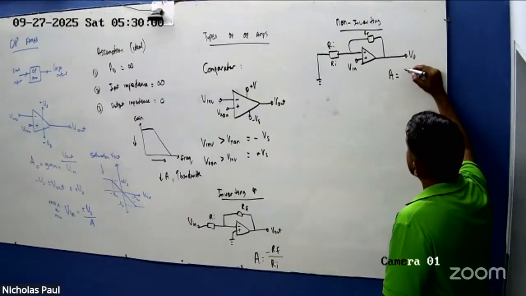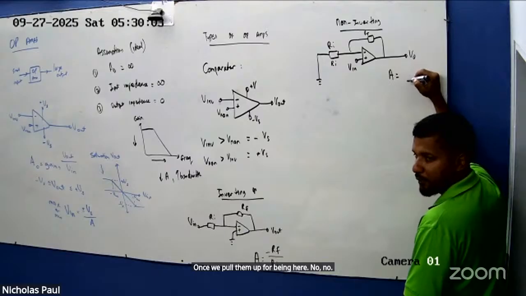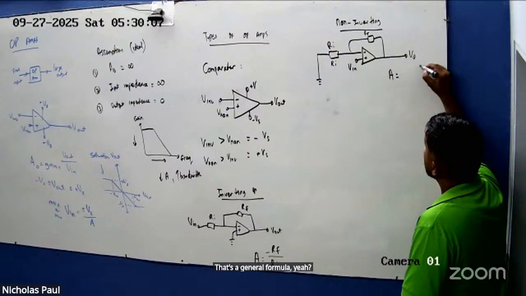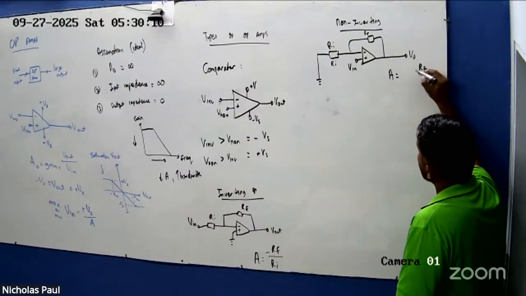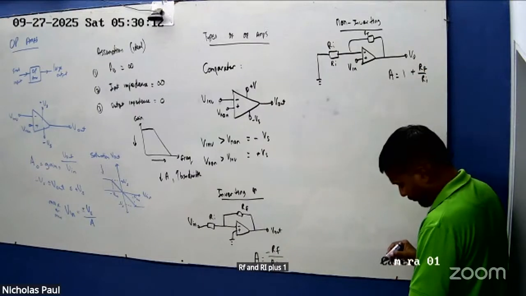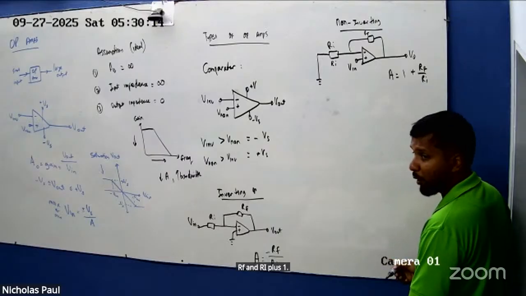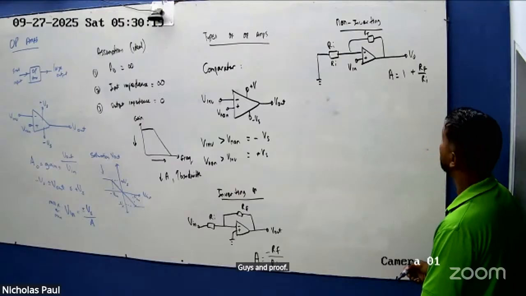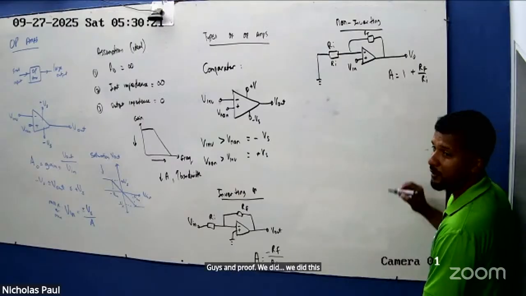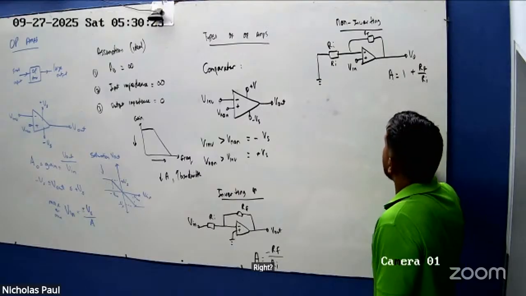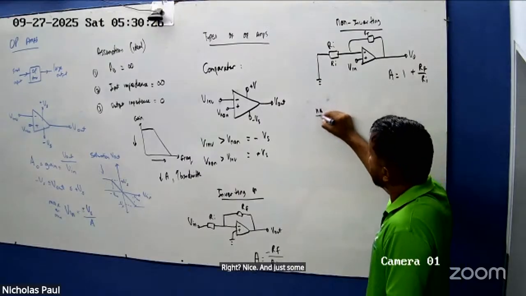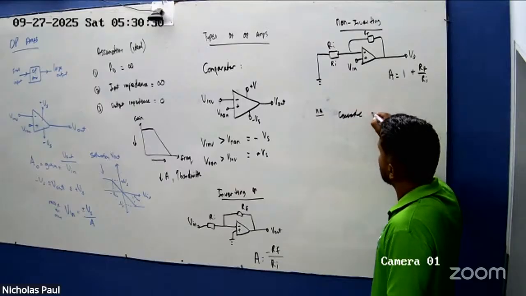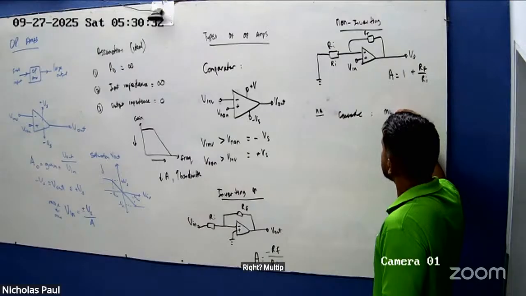V out over V in is the general formula. For this one, it's RF over RI plus 1. Plus 1. That's the proof. We did this last week. Nice. And just some quick things to remember, whenever you have cascade, multiply the gains.